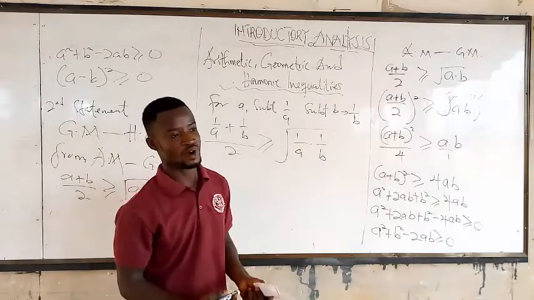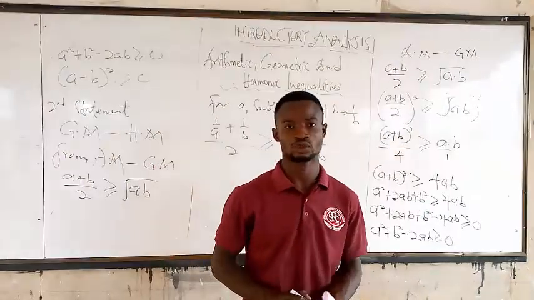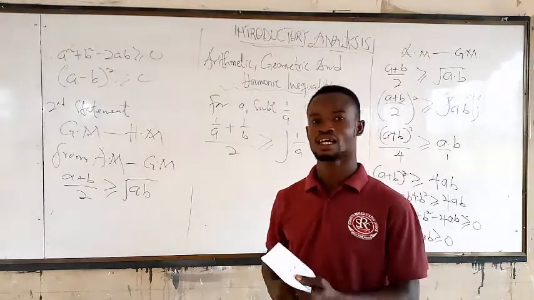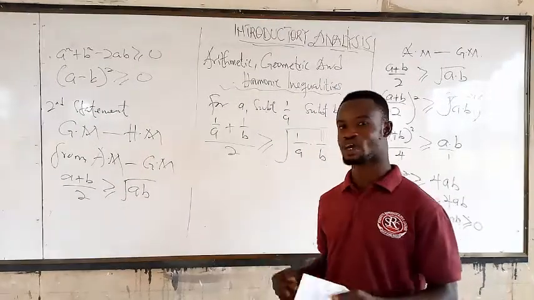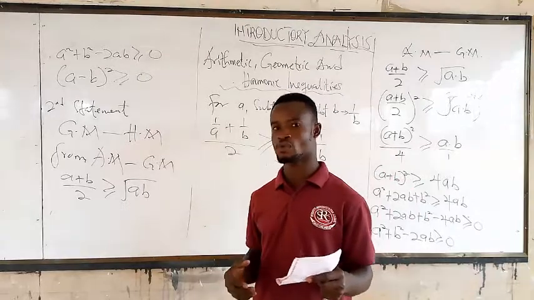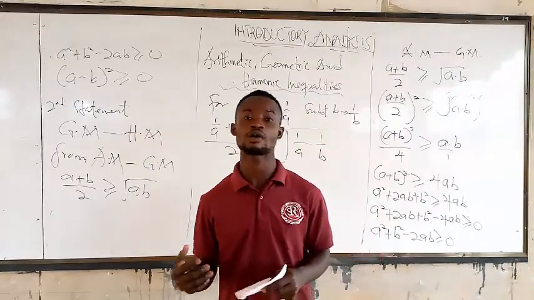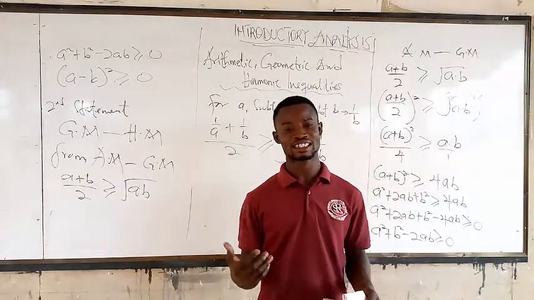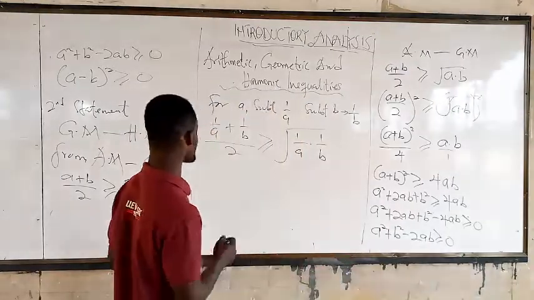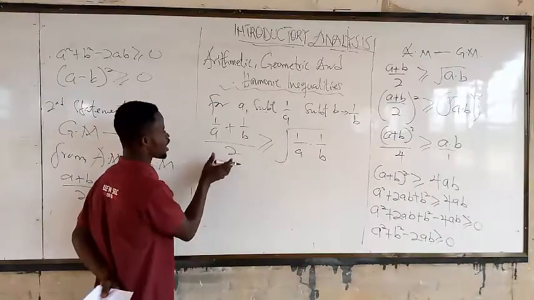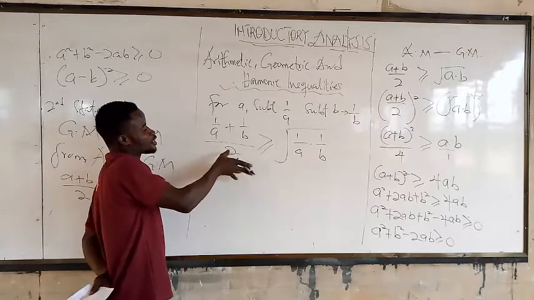When we were in junior high school, when you divide a negative number on both sides of an equation, you change the sign. So what we are going to do here is take the inverse of this.